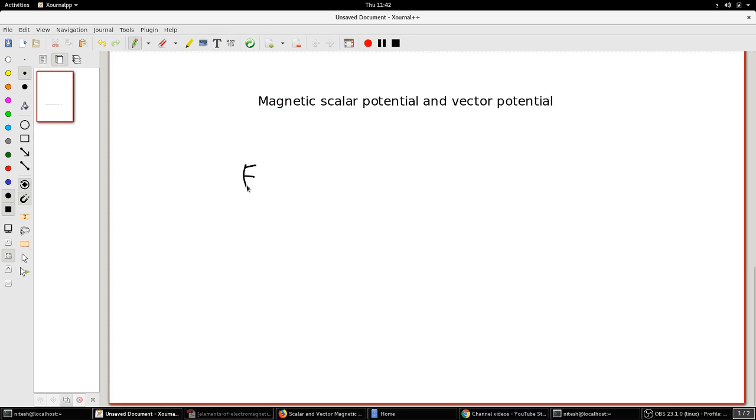Okay, so we have seen for electric field E, the relation with the scalar potential was minus del V, right? What kind of information was the scalar potential giving?